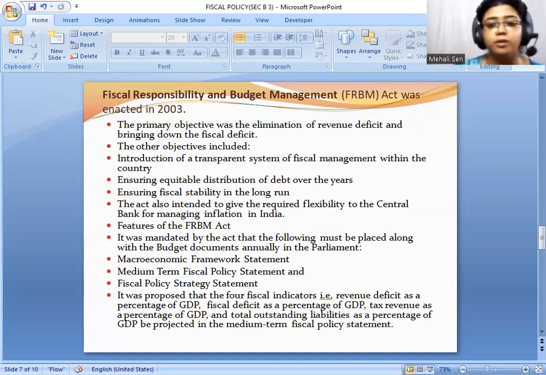In the tax revenue, the government earns by direct tax and indirect tax. In the non-tax revenue, the government earns by fees, various licenses and permits, various fines and penalties. In the capital receipt, the government earns from loan recovery, disinvestments, borrowing, and other liabilities.